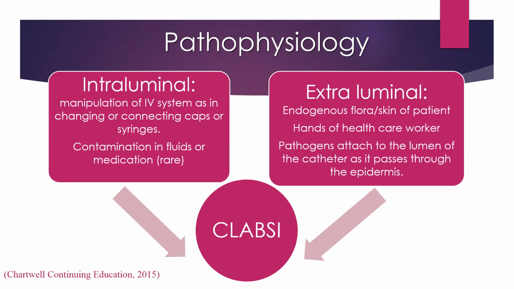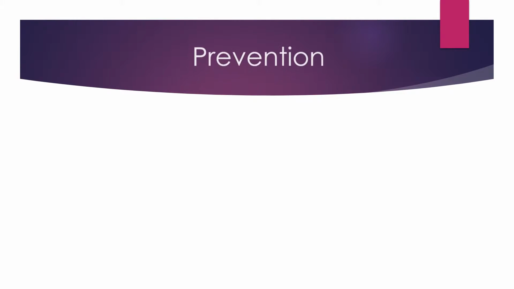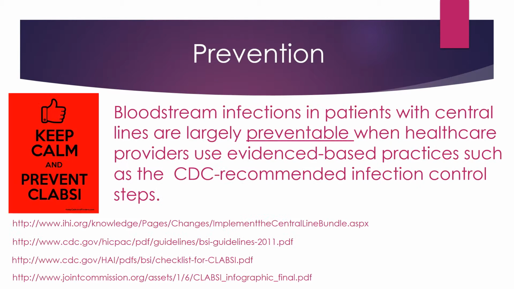Once a biofilm is formed, the infection is very difficult to eradicate, since the pathogens are protected from antibiotic exposure. Bloodstream infections from contaminated central lines are largely preventable with the stringent use of evidence-based practices.